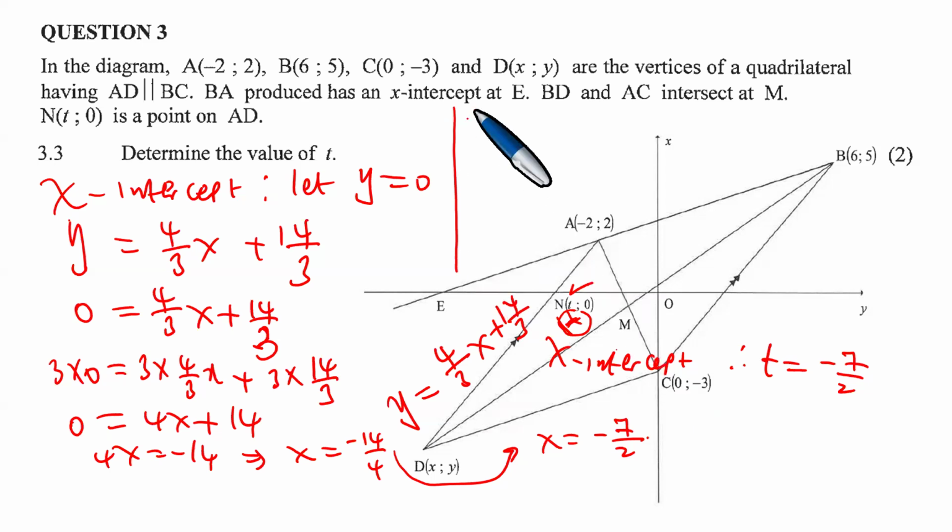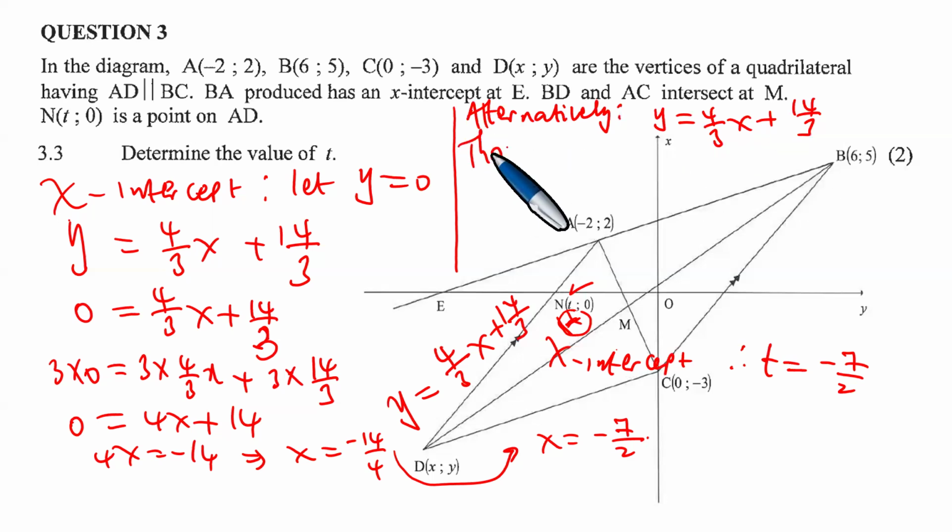Alternatively, a student can do the following. You have the line y equals 4/3 x plus 14/3, which is the equation of the line AD. But this line passes through N with the coordinates t and 0, which give us x and y.